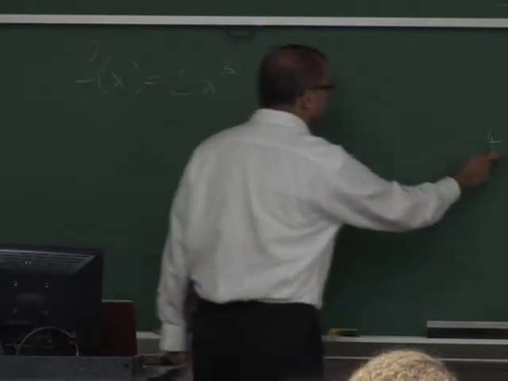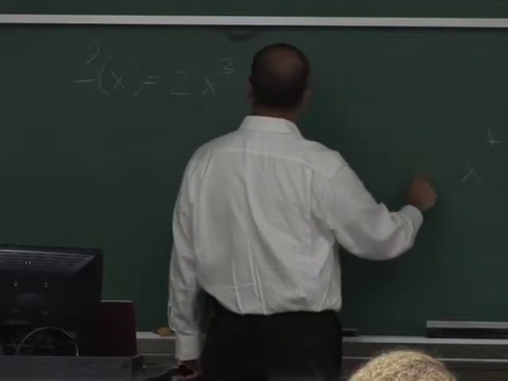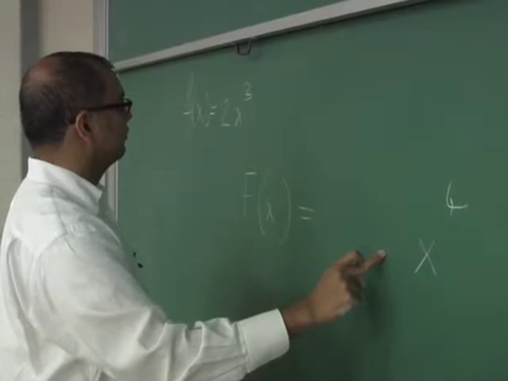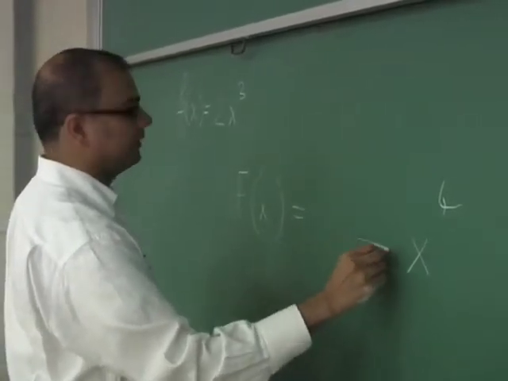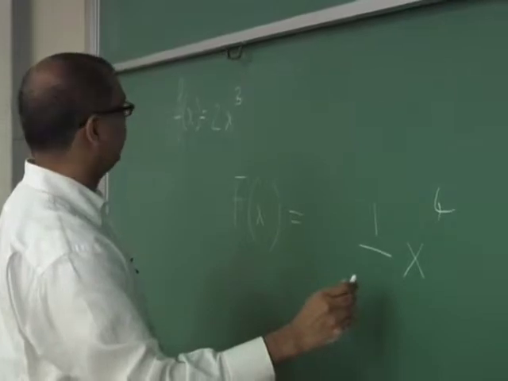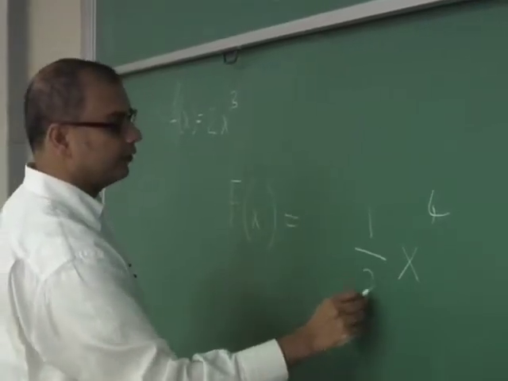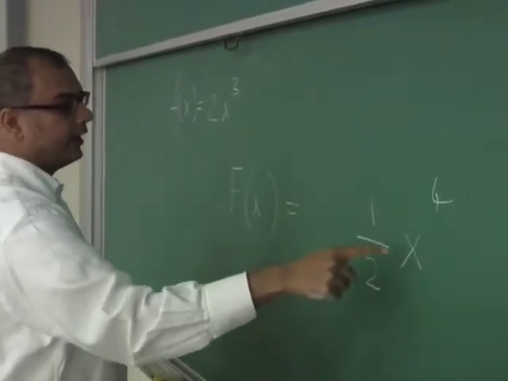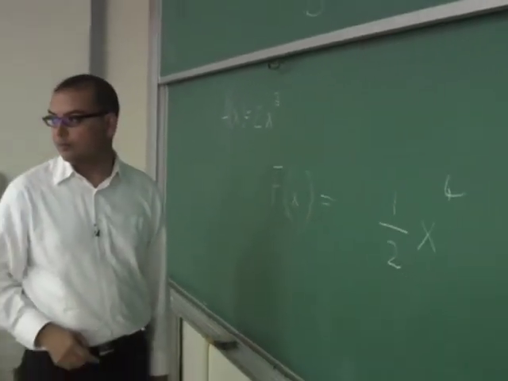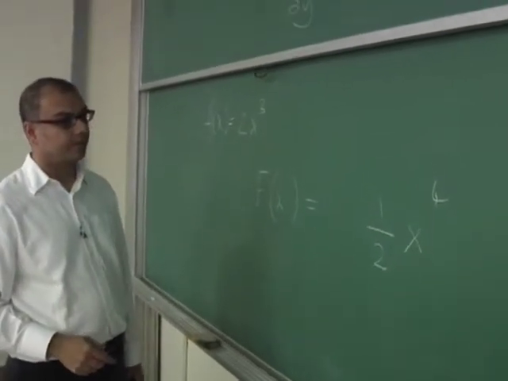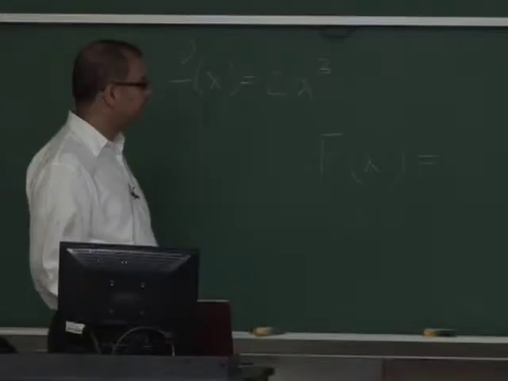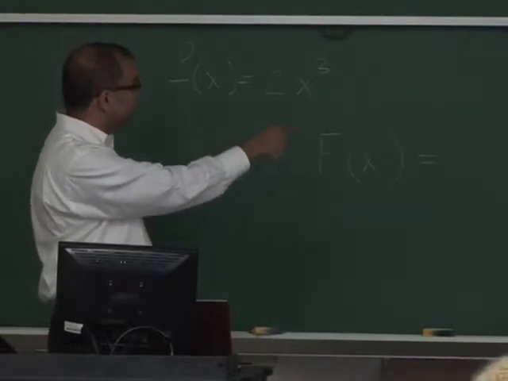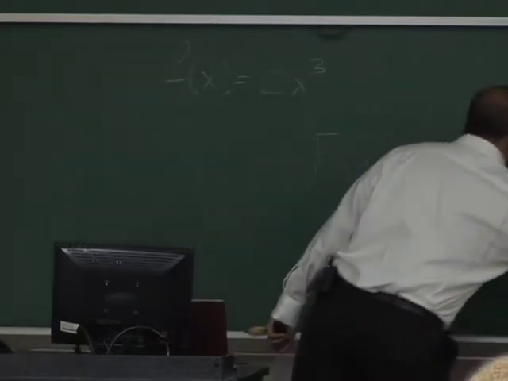If I had a 4 here, I put the 4 there, but I ended up with a 2. So I've got to divide. Let's try that. That would be 2x cubed. Just make sure that if I put the 4 in front, I get a 2x cubed, and then plus c.